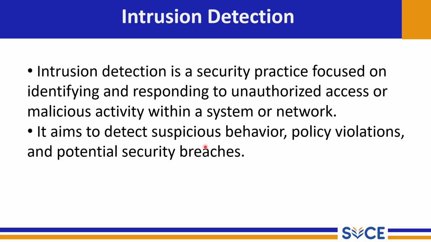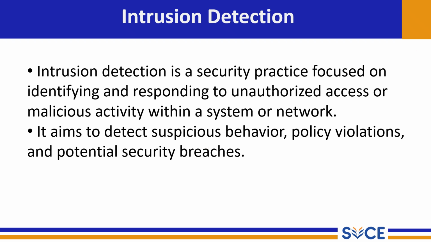Anomaly-based detection establishes a baseline of normal activity and flags deviations from that baseline as a potential threat. And behavior-based detection analyzes the behavior of users and applications to identify suspicious patterns. These are the common approaches we use in intrusion detection.